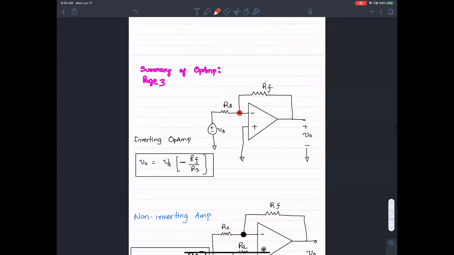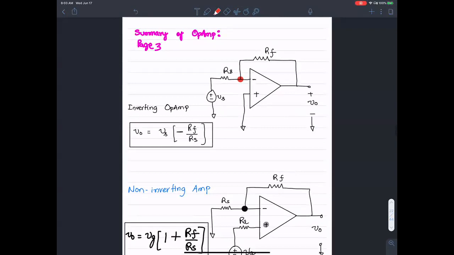Here is an inverting amplifier. The input is applied on the negative terminal, and the feedback is always provided to the negative terminal in this class, regardless of the circuit. Given that the input is applied to the negative terminal, that leads to an inverting amplifier configuration.